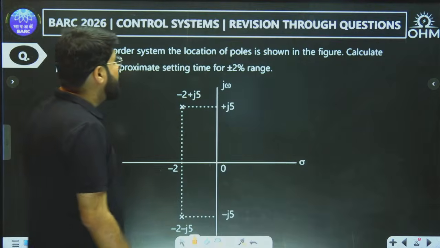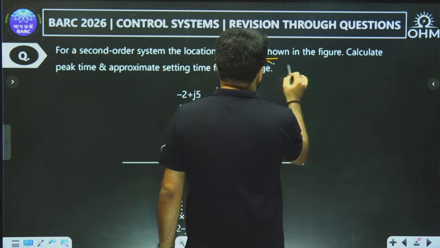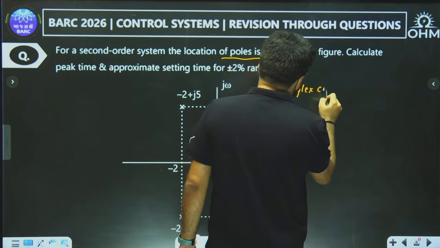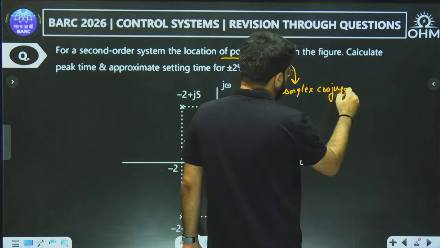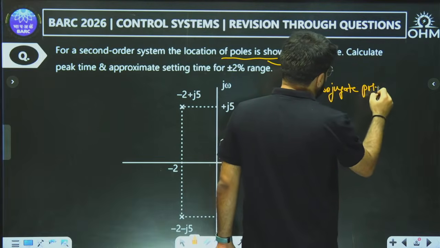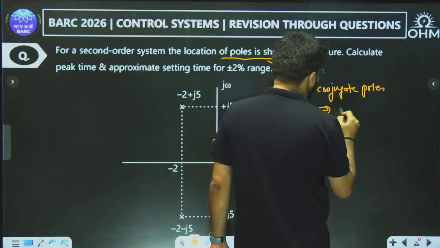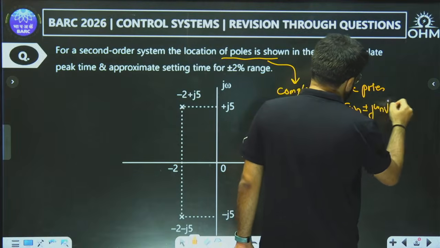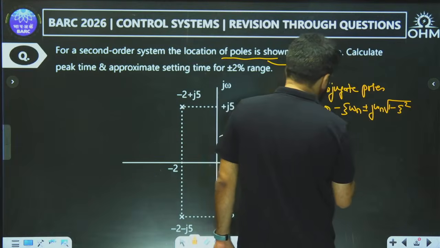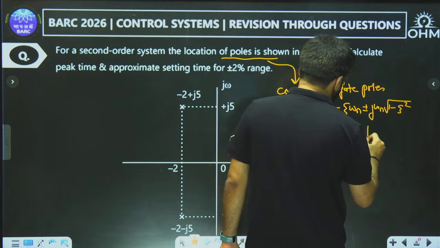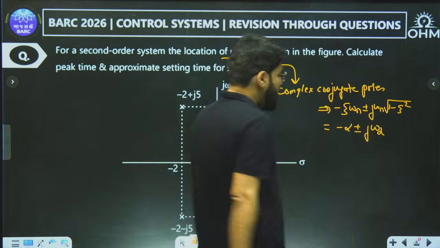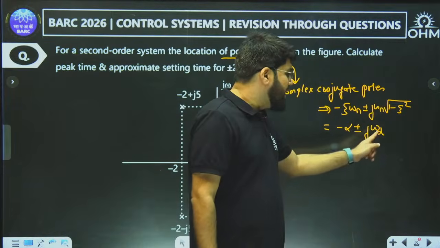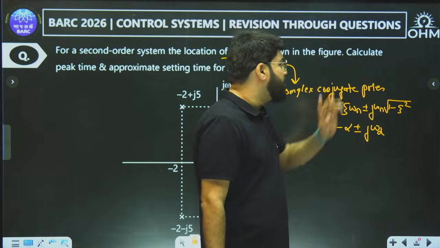For second order systems, especially if they are complex conjugate, the nature of poles is given by the formula minus zeta omega n plus minus j omega n root over 1 minus zeta square, which is also minus alpha plus minus j omega d. Alpha is known as the damping factor, which is zeta into omega n. Omega d is the damped frequency, omega n root 1 minus zeta square.